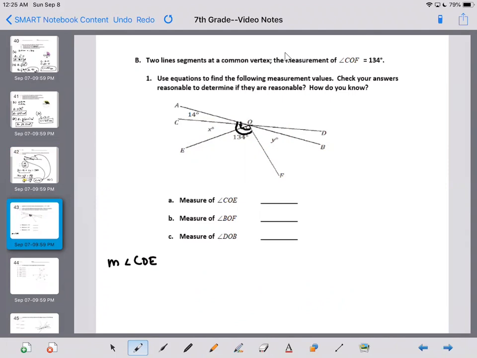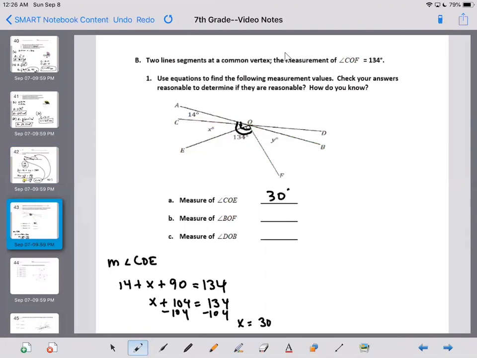So we know we've got 14 plus X plus 90, and all that's going to equal 134 degrees. So X plus 104. So if I take 104 and subtract it from both sides, I'm going to get X is equal to 30. So the measure of angle COE is 30 degrees.